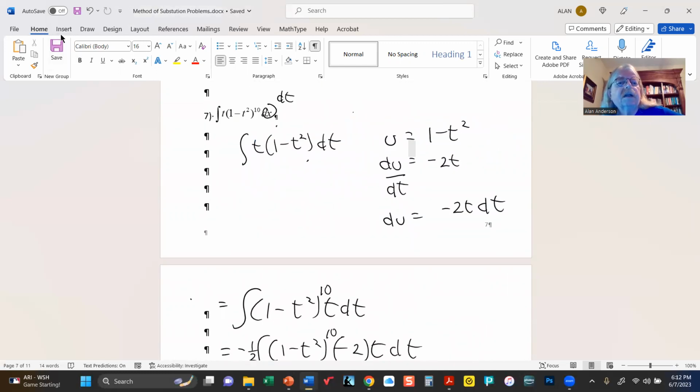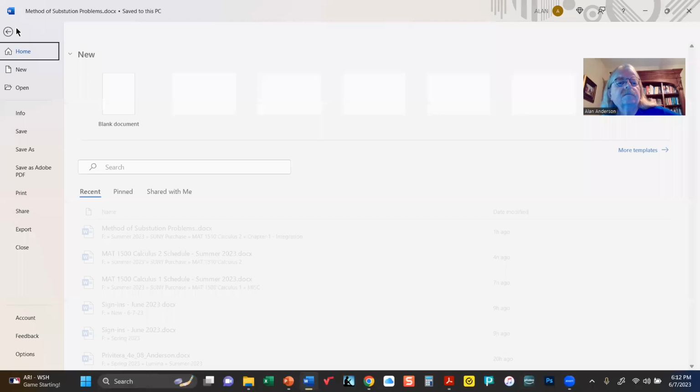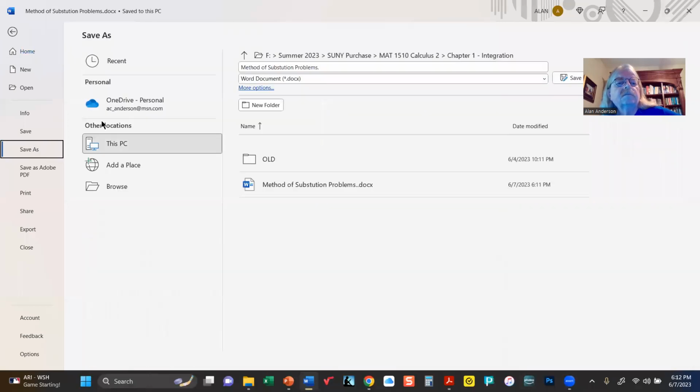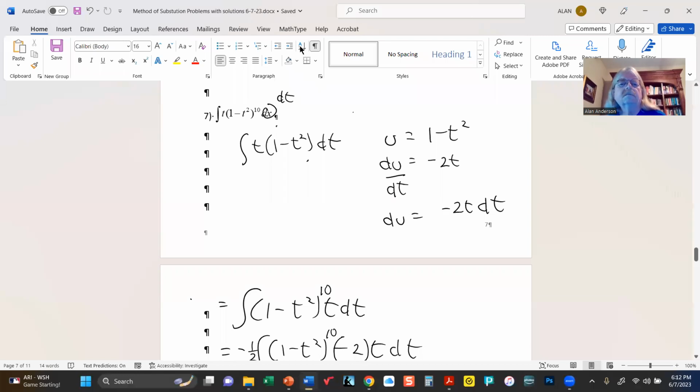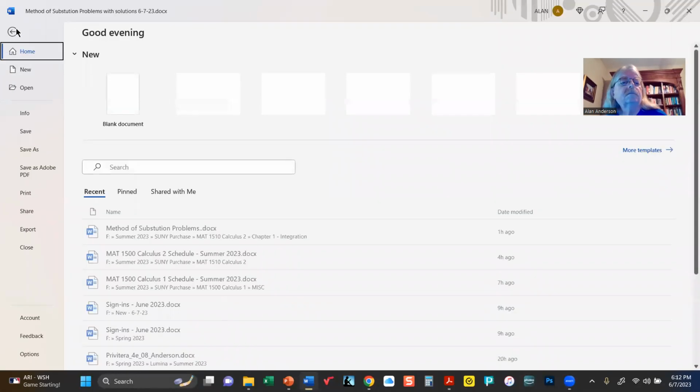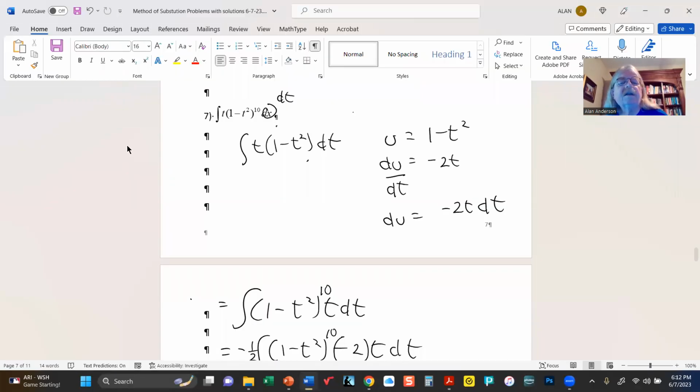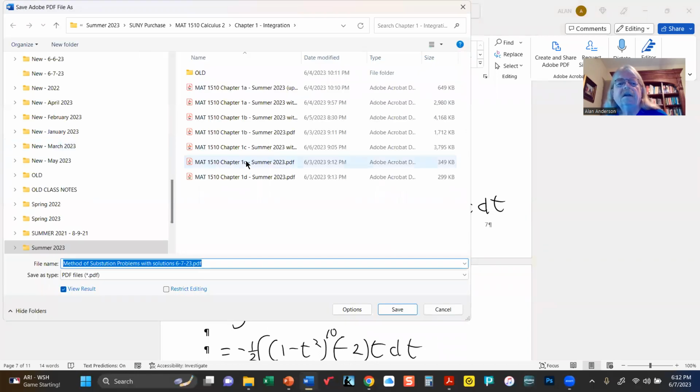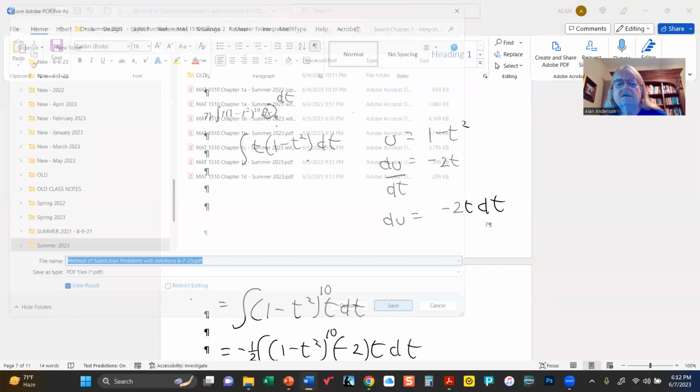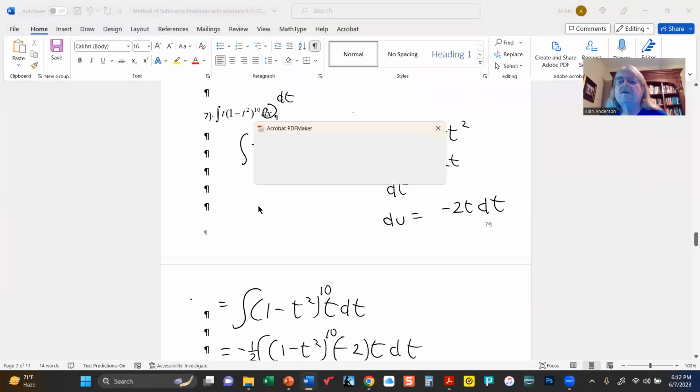Okay, actually, let me do this. And as always, I'll save it as a PDF file because if you're using the Mac, this might not look normal on your computer. There's a very real chance that it'll get garbled somehow, or it won't look quite right.